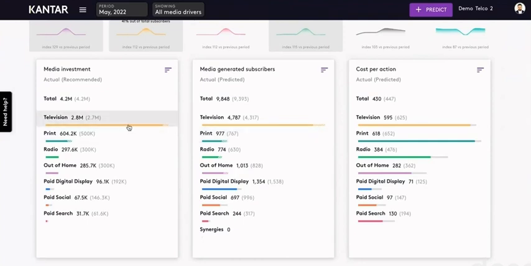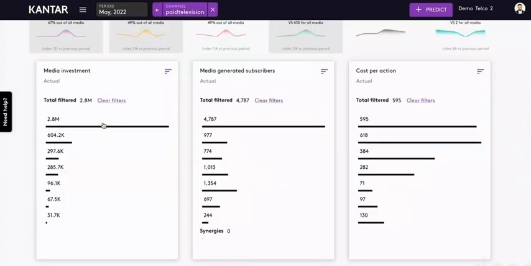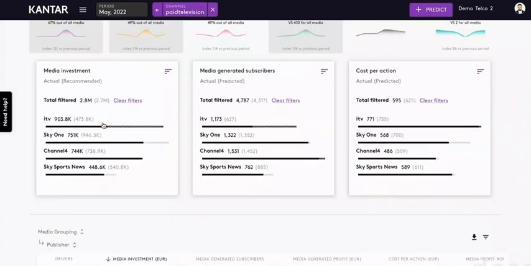We can see here that the gray area is over investments in relation to what the platform would recommend. And where you see the gray part is where the platform is suggesting that we should have invested a bit more. And we can go in and assess this on a publisher level.